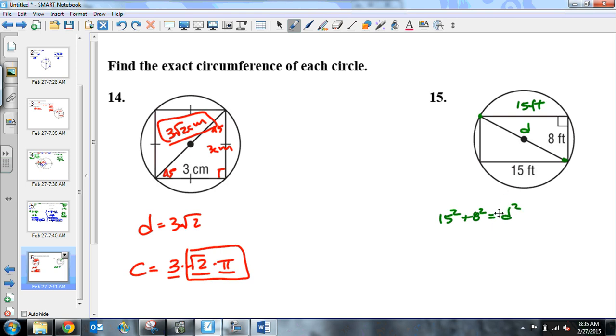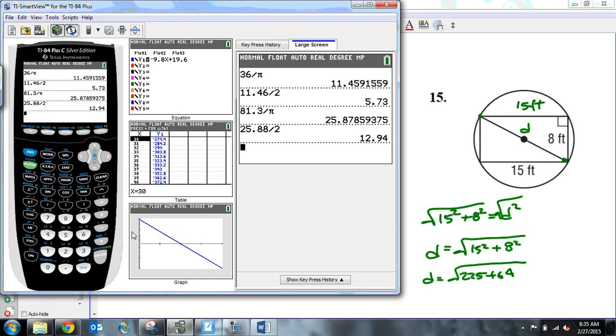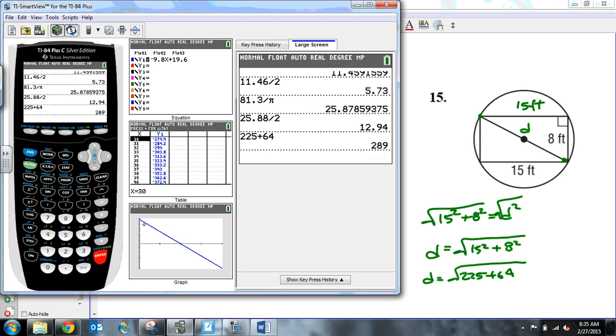Okay, using the Pythagorean theorem, I can solve for D here, and I could say that D is equal to the square root of 15 squared plus 8 squared, all right, which ends up giving me the square root of 225 plus 64. 225 plus 64 is going to end up giving me 289.